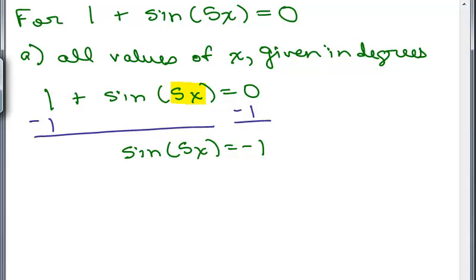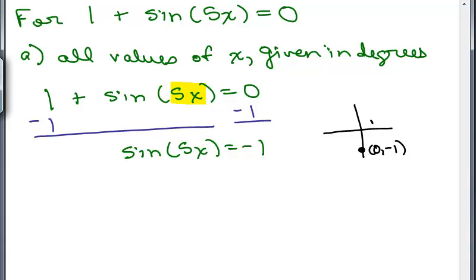So what we're looking for are angles where the sine is -1. We start by looking for any between 0 and 360 degrees, and there's only one place where the sine is -1. If we look on the unit circle, it's the only place where the y value is ever -1.